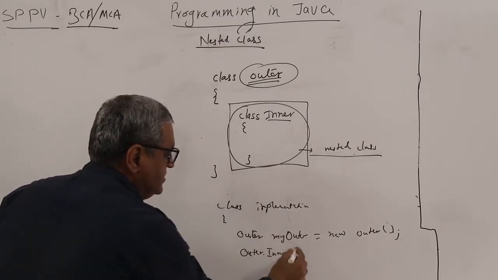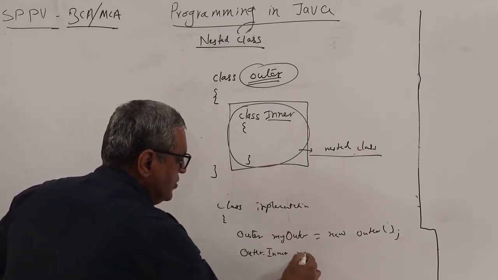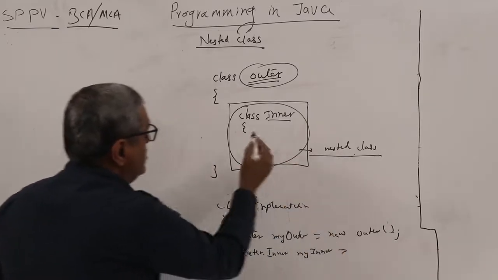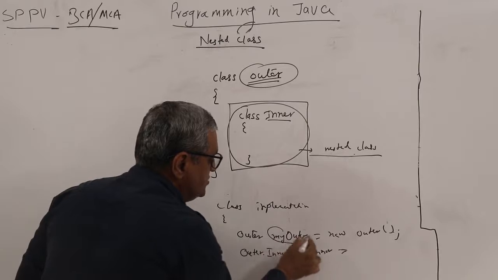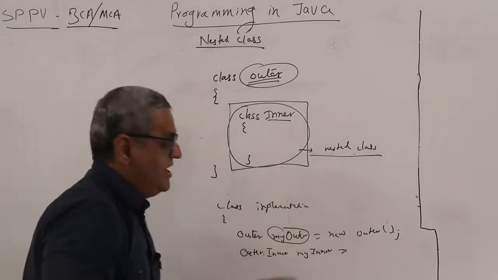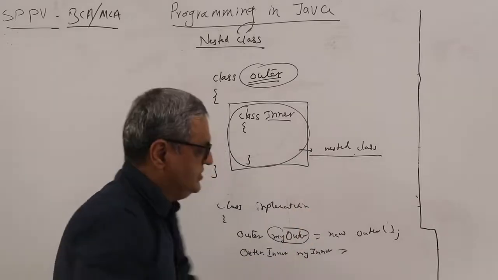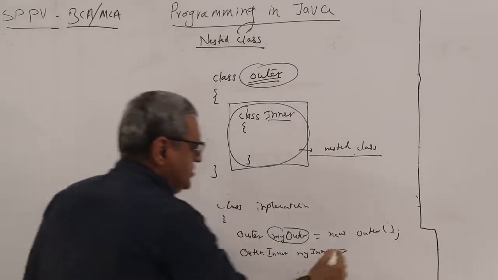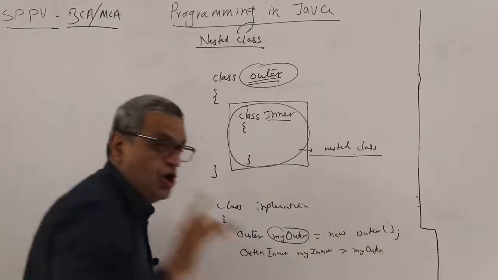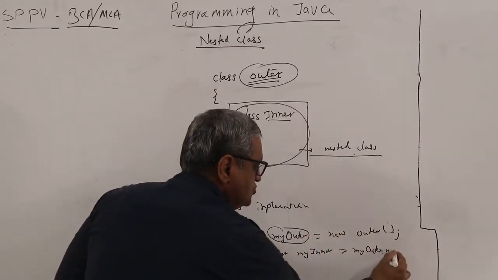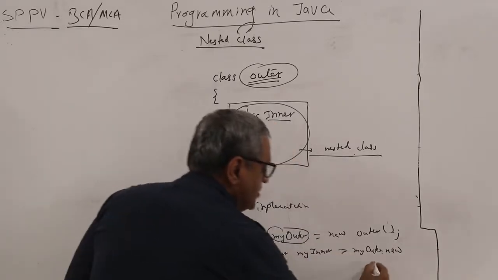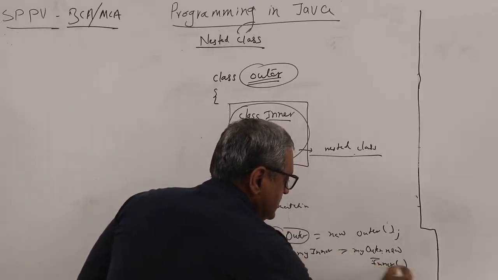Then I create an object called myInner equals, and since I have created the outer object, I need to use its reference when I instantiate the inner class object. So it will be myOuter dot new, and then I call the constructor, that is Inner.